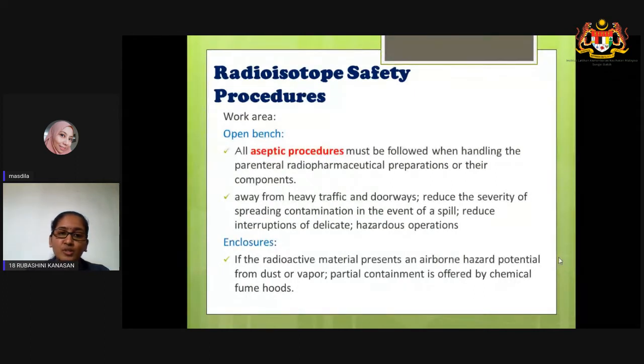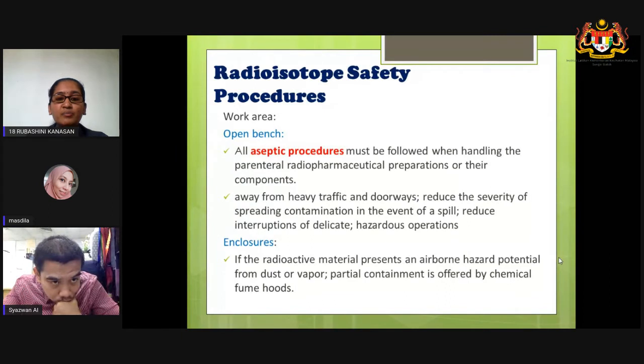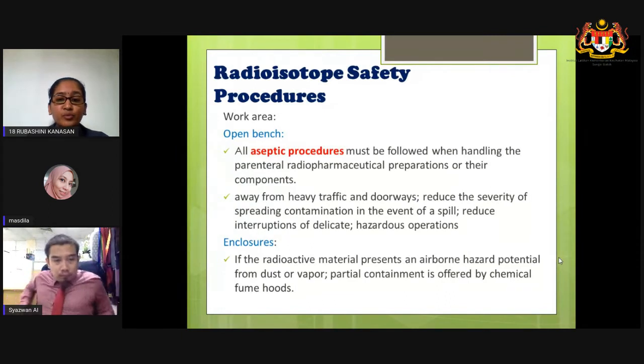Every single aseptic procedure must be followed, A to Z. It should be away from heavy traffic and doorways, to reduce the severity of spreading contamination in the event of a spill and reduce interruptions of delicate and hazardous operations. For enclosures, if the radioactive material presents an airborne hazard potential from dust or vapor, partial containment is offered by chemical fume hoods.